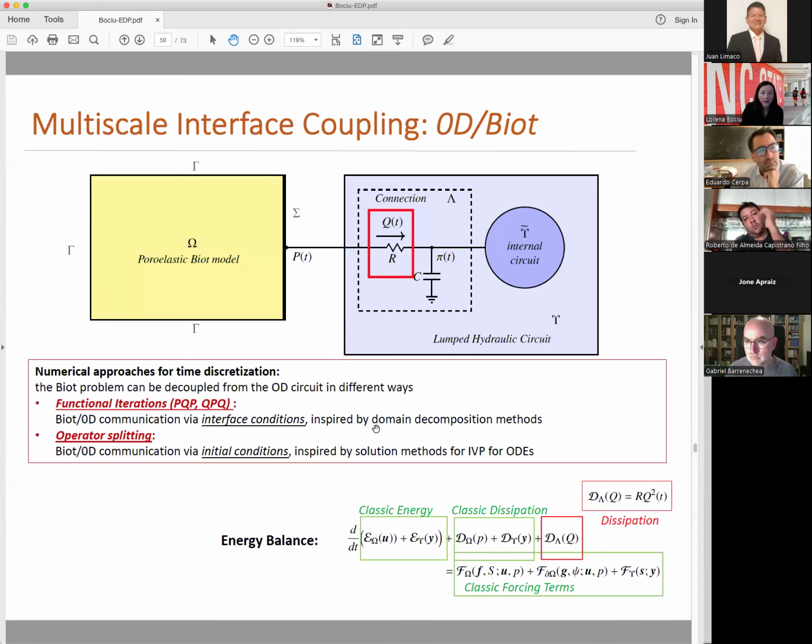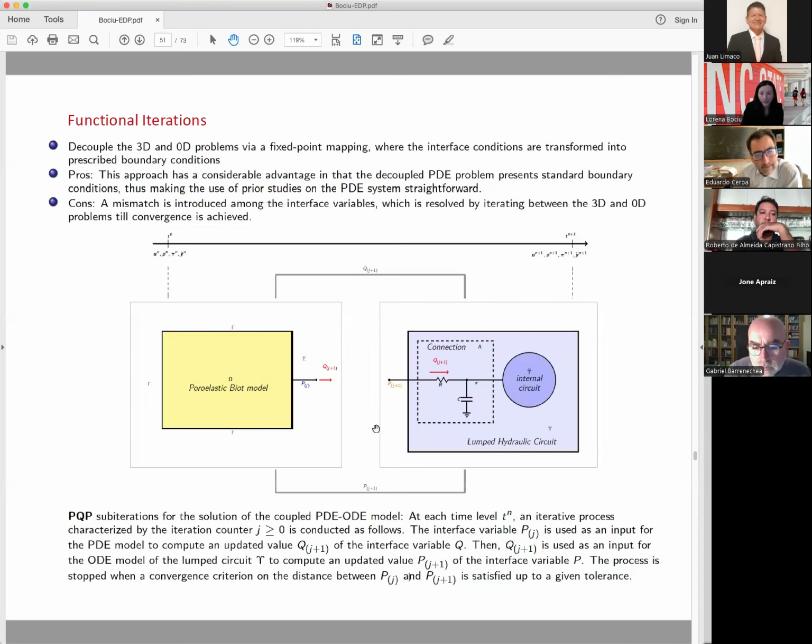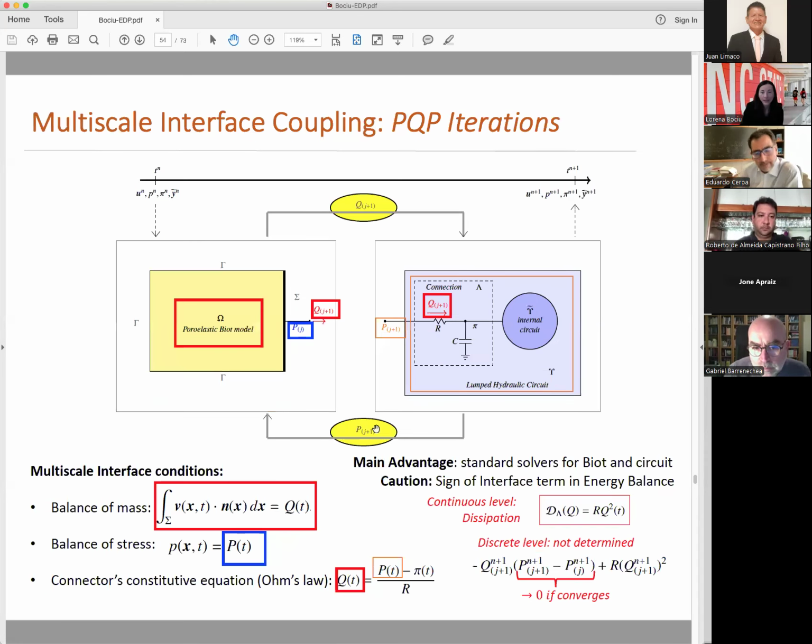And in the numerics, once you discretize, you introduce a mismatch between the two when you separate the 3D and the 0D, and that mismatch leads to losing the dissipation in the discretization. You no longer get a strictly positive term. This only goes to zero if you have convergence of the algorithm. So that was the issue here.